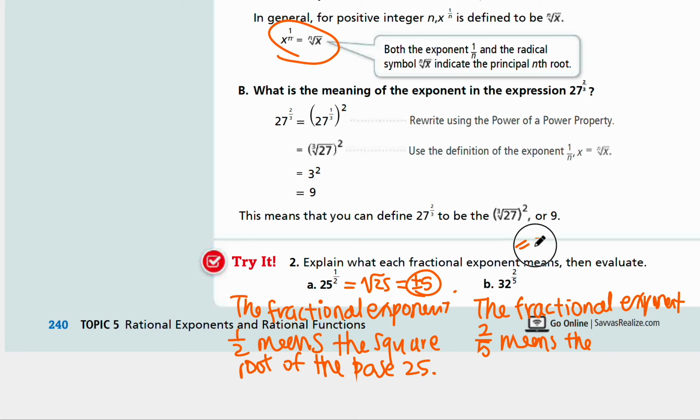So this means 32 to the power of 2 to the power of 1 over 5. And so it's the fifth root of what? Of the base 32 squared, right? So this is how you write the meaning in words. You basically interpret it in roots and the base with the powers.